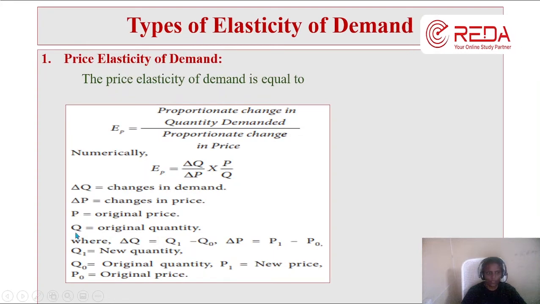Here delta Q is equal to Q1 minus Q0. We have seen in the diagram that Q1 and Q0 are the levels of quantity demanded by a consumer. Change in P is equal to P1 minus P0. P1 is the new price, the rise in the price level, whether it is an increasing or decreasing price. P0 is the original stable price of the commodity.